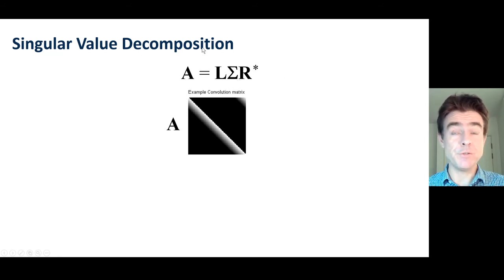The singular value decomposition just generalizes that concept: an orthogonal matrix of right-hand singular vectors, then a left-hand singular vector matrix L, and then the diagonal matrix sigma. So what I did in MATLAB was deliberately set A to be a circulant convolution matrix, just to show what SVD does for a case where we know what it should do.